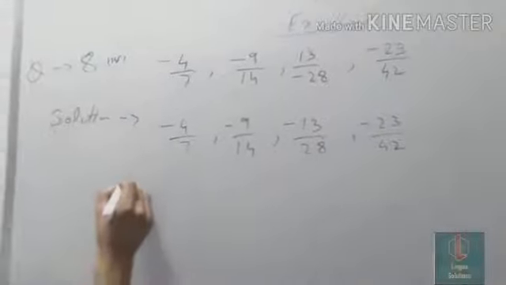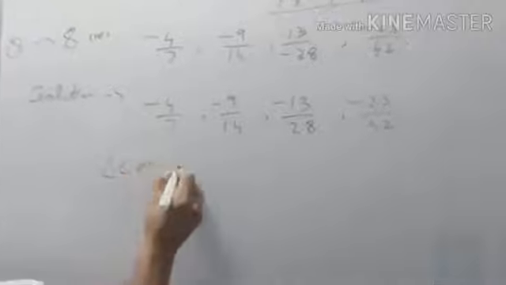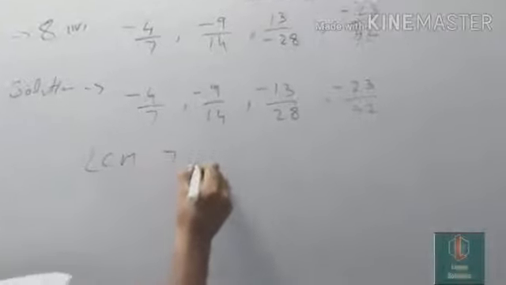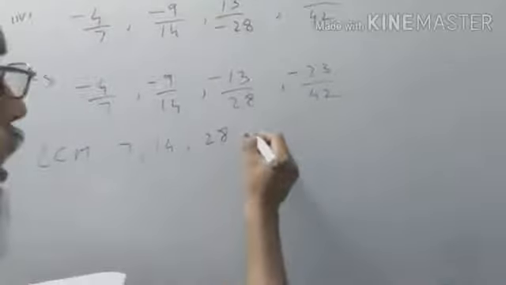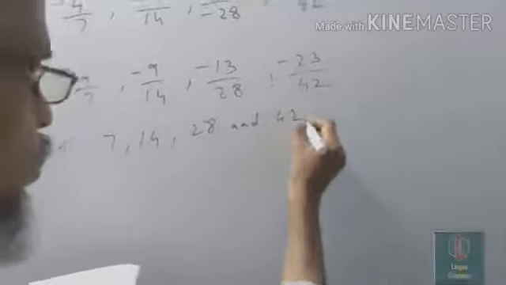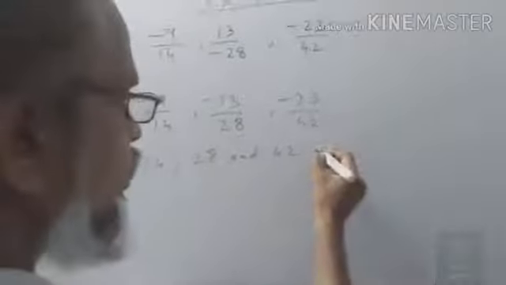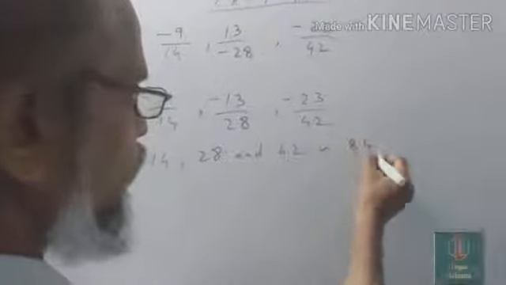Now we will take the LCM of 7, 14, 28 and 42, which is 84.